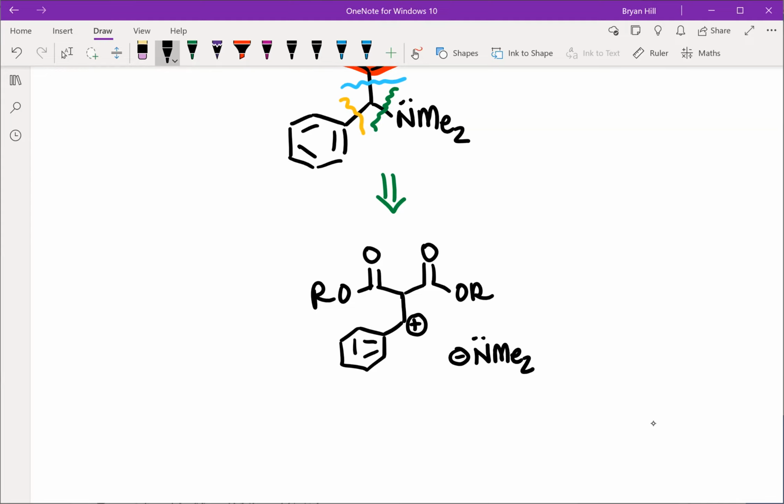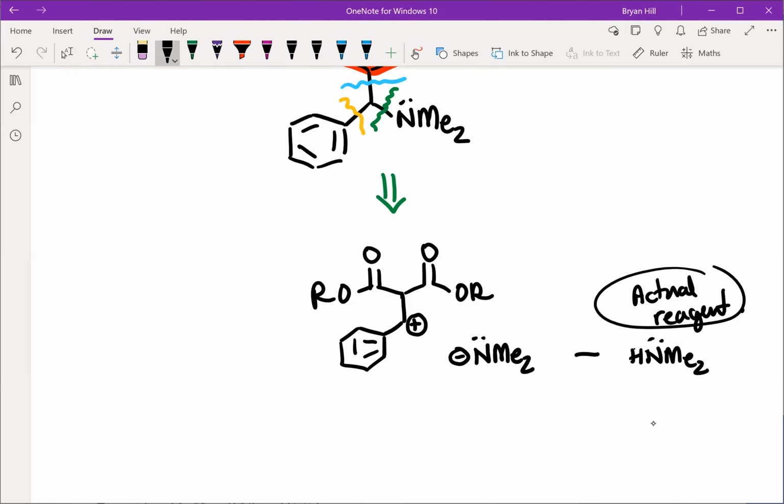Good. Now, our nucleophile, all we need is our actual reagent, which can be HNMe2. So this is our actual reagent. So that's relatively straightforward.